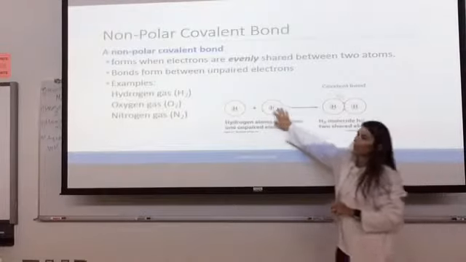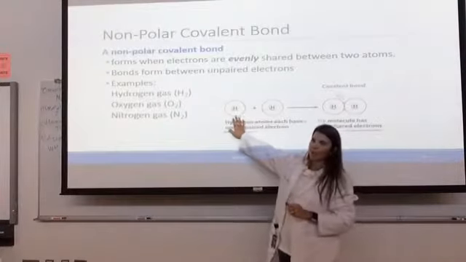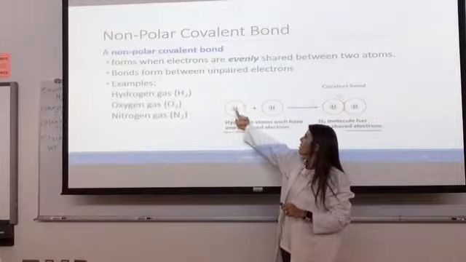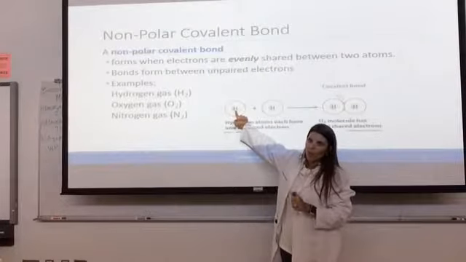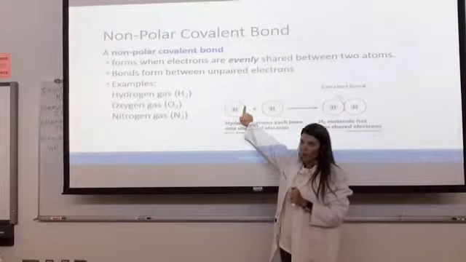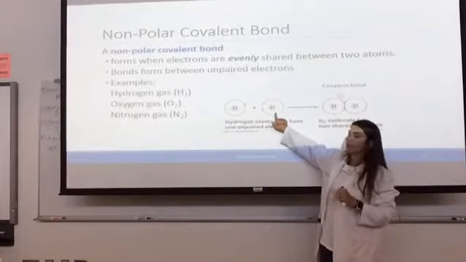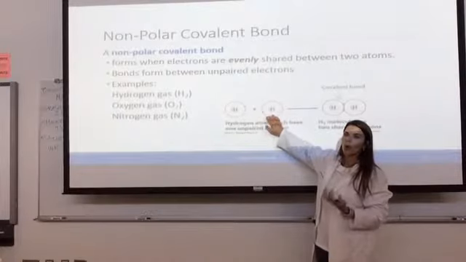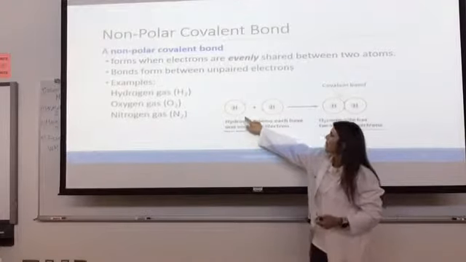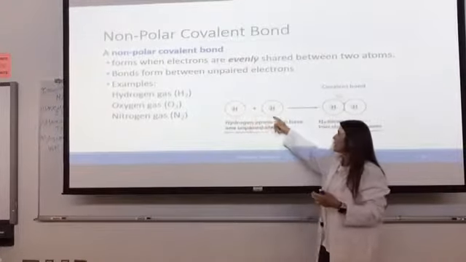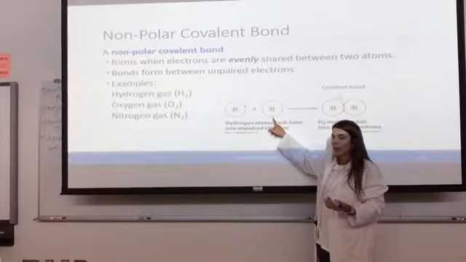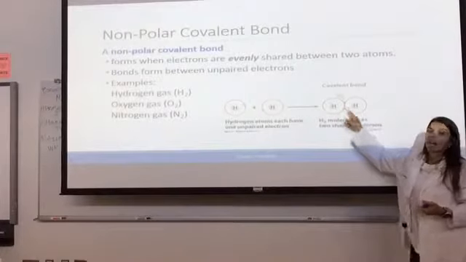In this example here, I have a hydrogen. Hydrogen has one proton, so how many electrons does it have? One. How many does it want in that first shell? Two. Here we have another hydrogen in the same boat. It has one and wants two. This guy says, I need one. This guy says, I need one. So they share.